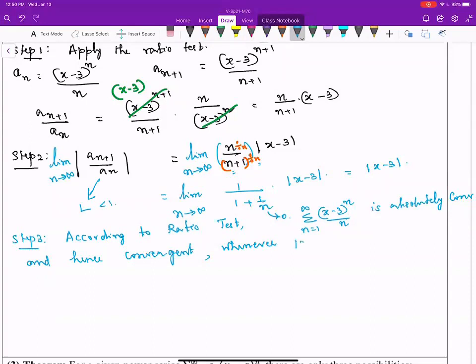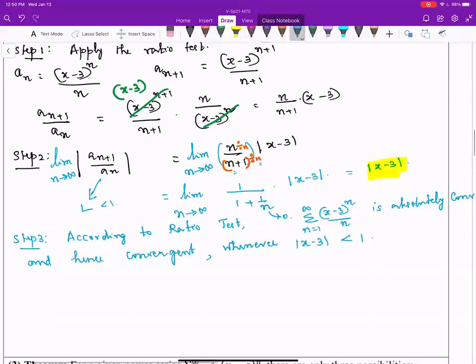So whenever absolute value of x minus 3, which is the limit L in this case, is less than 1. And it diverges whenever absolute value of x minus 3 is more than 1. And when the limit is equal to 1, the test fails.